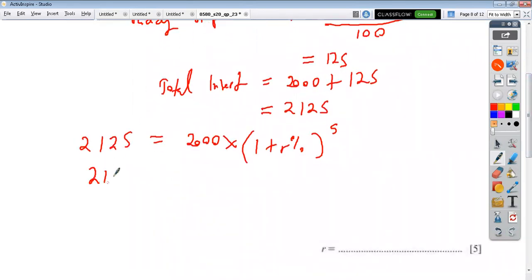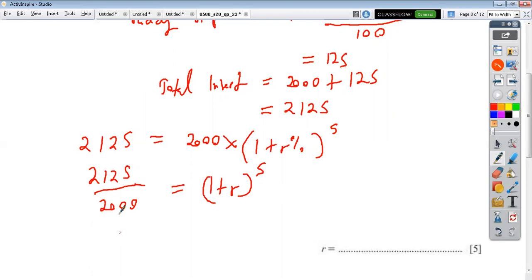So we have 2,125 over 2,000. I think most of you struggle on this part. The first part you get it correct, but you struggle on this part. Then you find the fifth root of both sides. So what do you get here if you divide it by 2,000? We simplify that number.